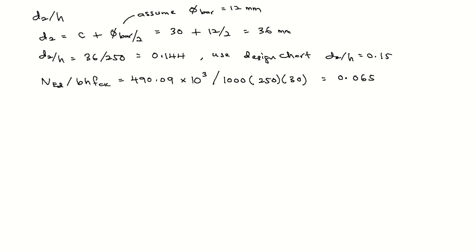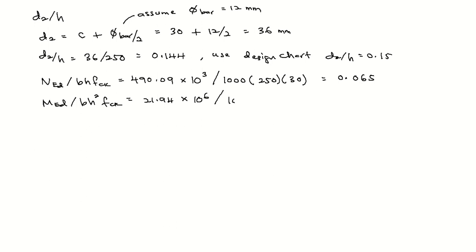0.065. Next, MED over BH square FCK. MED, the one that we have calculated earlier, 21.94, and this is in unit kilonewton meter. So times 10 power 6 to change to unit newton millimeter.